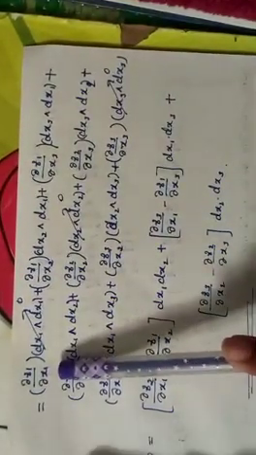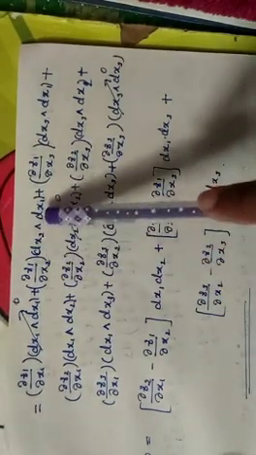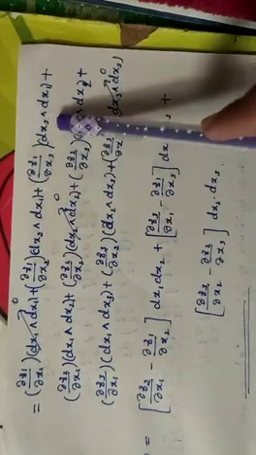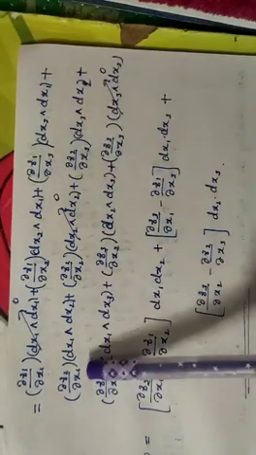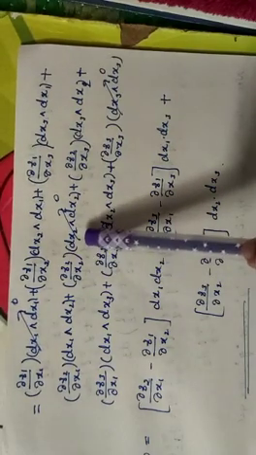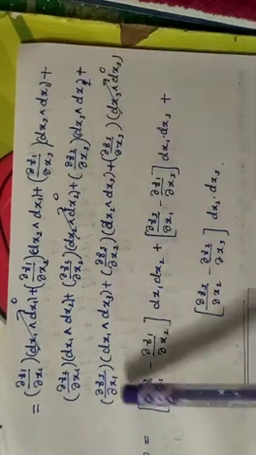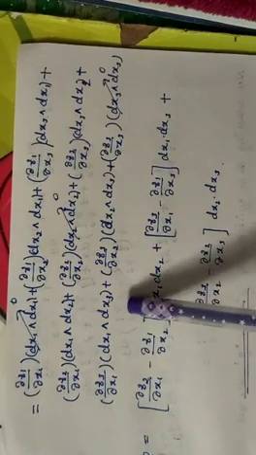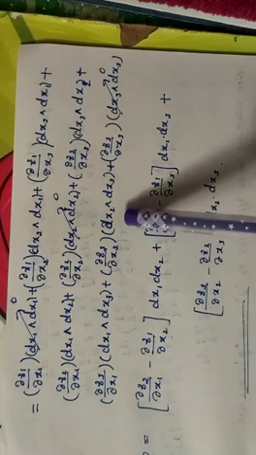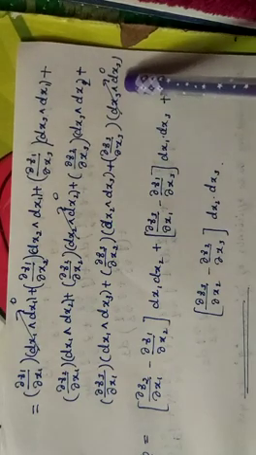Okay, look here, the wedge product of that can be represented as del f1 by del x1 into dx1 wedge dx1 plus del f1 by del x2 into dx2 wedge dx1 plus del f1 by del x3 into dx3 wedge dx1 plus del f2 by del x1 into dx1 wedge dx2 plus del f2 by del x2 into dx2 wedge dx2 plus del f2 by del x3 into dx3 wedge dx2 plus del f3 by del x1 into dx1 wedge dx3 plus del f3 by del x2 into dx2 wedge dx3 plus del f3 by del x3 into dx3 wedge dx3.